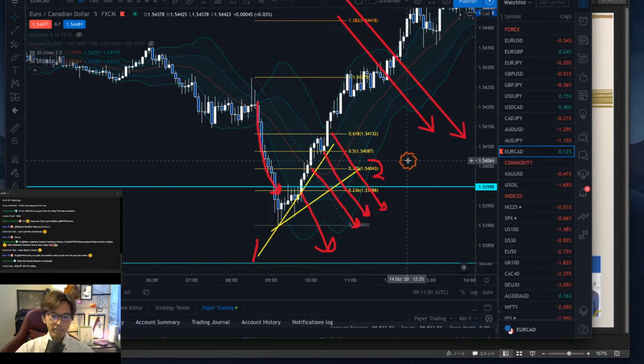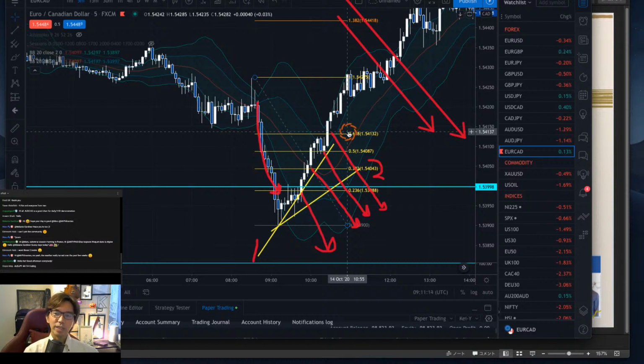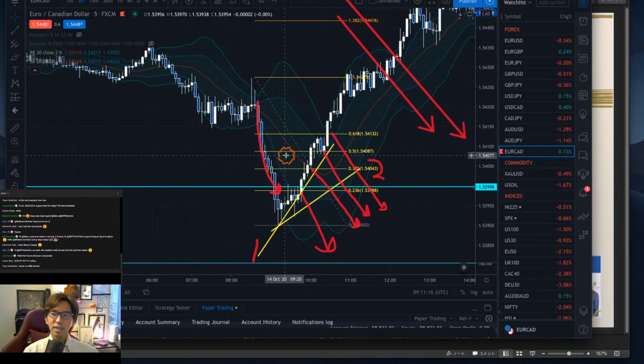So it is important. Once again, you don't want to sell whenever the price is going down. There should be retracements, pullbacks, pushbacks in the market. And you don't want to get caught by these pullbacks in this case.